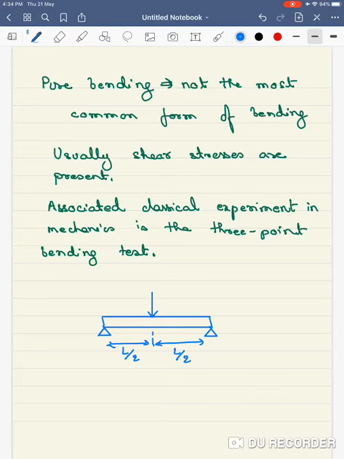L by 2, this is a force P, and then you have obviously reaction forces at the two supports that are balancing it at every moment.